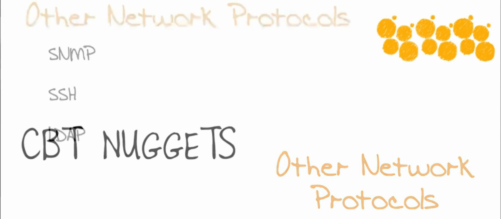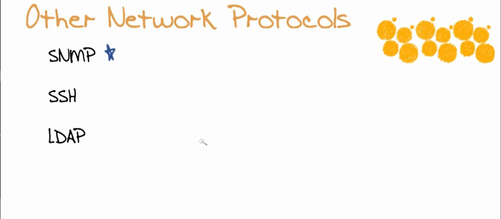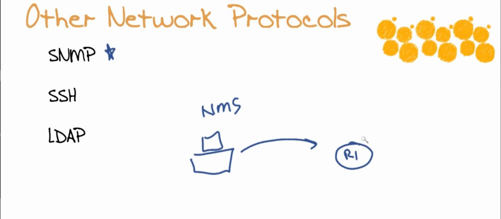Okay, I gotta admit, I started this coverage with my favorite first. It's Simple Network Management Protocol. SNMP is so cool. What you have is a network management station, or NMS, and let's say we have a router. This circle is a Cisco router, we'll call it the R1 Cisco router.